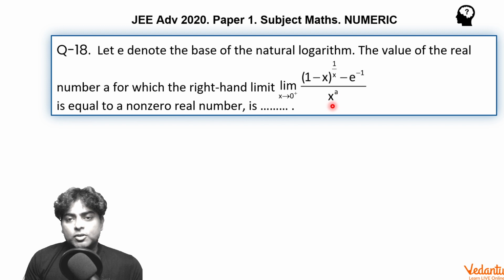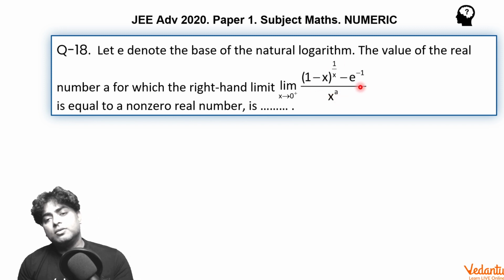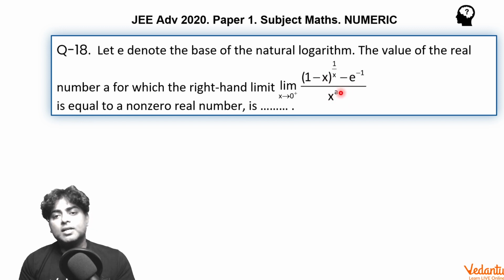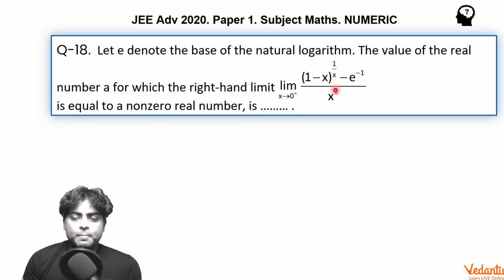Now it depends upon the denominator which form it is going to take. And the limit of the denominator will depend upon the value of a. If a is taken to be negative, the denominator tends to infinity, and in that case, the overall limit would be 0. If a is even 0, then also the value of the limit you will get as 0.